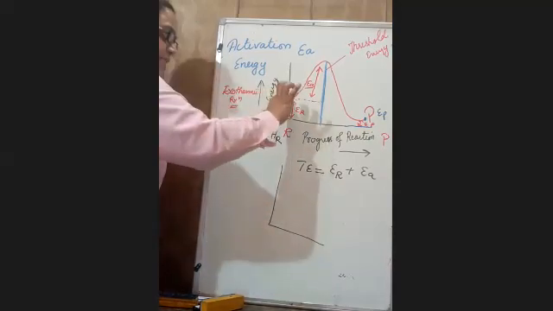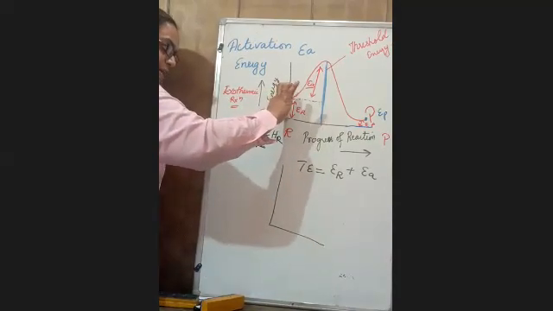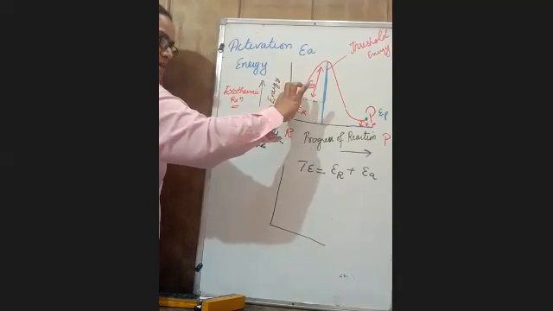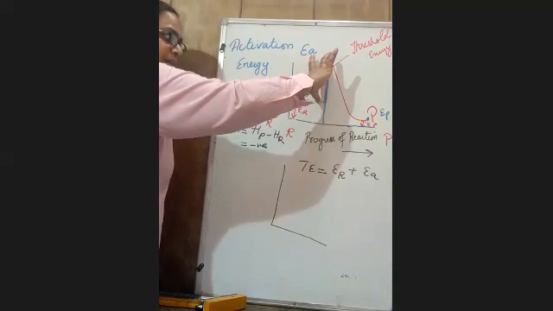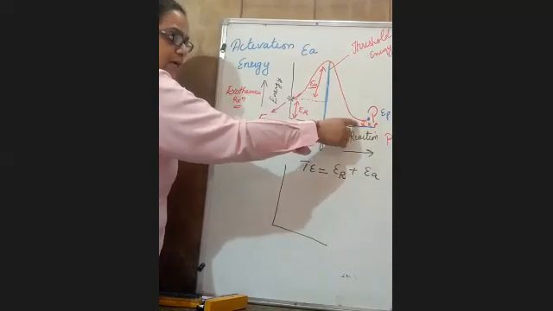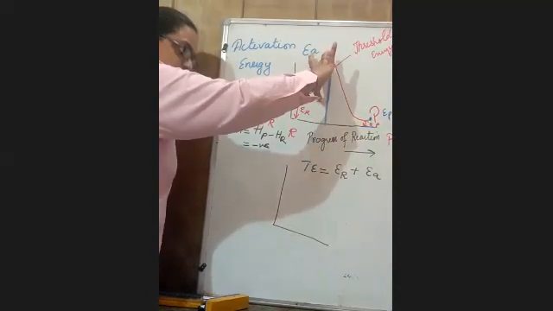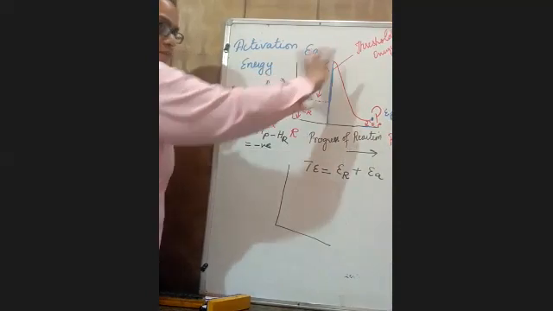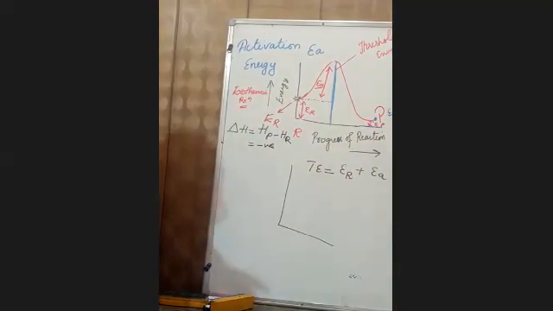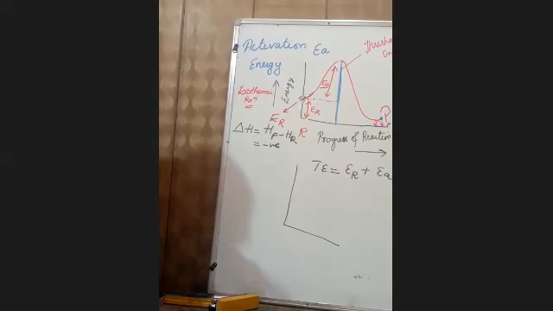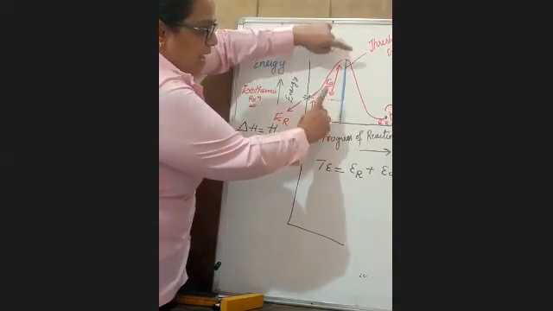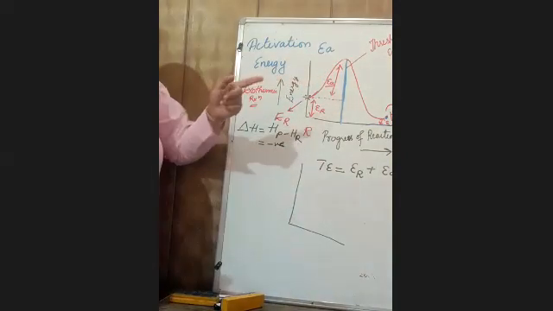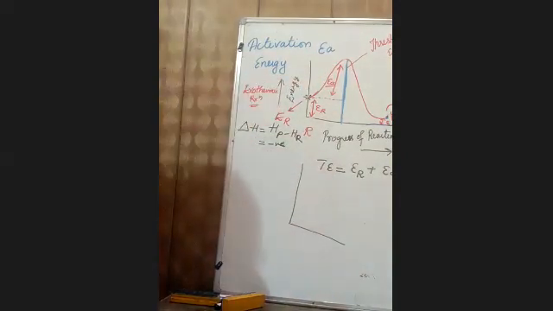See, this energy the reactants already have. And this much energy only they require to convert into product. So this much extra amount of energy which reactants should possess so that they will reach this threshold value and cross that barrier to form the product.